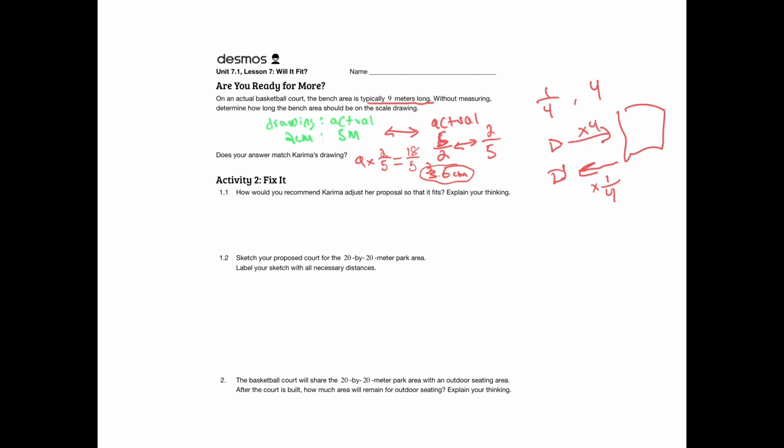So now we're on activity 2. In activity 2, we know that the proposal does not fit. So your job is to sketch, using the scale factor of 2 centimeters to 5 meters, your own basketball court that will fit into this area. You can use grid paper if you want, or you can just do it right here in your book.